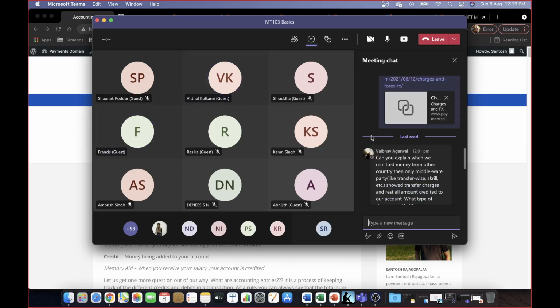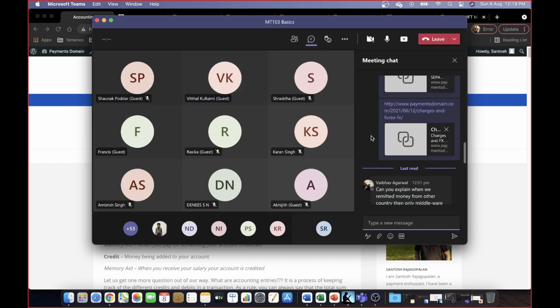You can just ping me after this call. I will collect all these links, and then I'll ping you. Are you sharing your screen? Because I cannot see your screen as well. I'm sharing my screen actually. Are others able to see the screen? Yeah. I'm sorry, there must be some sort of issue. But I'll share all these links with you.